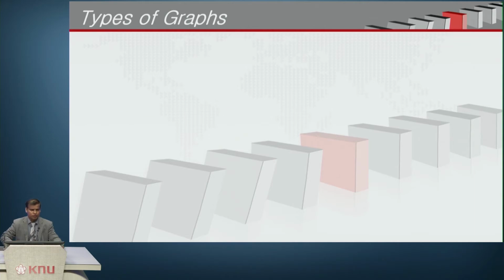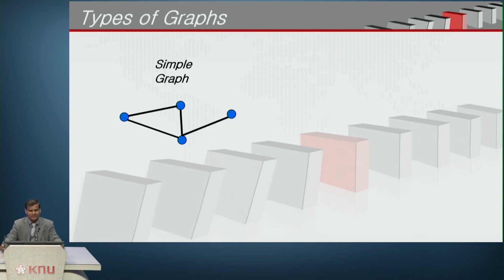Let us talk about the first one, the simple graph, and this is undirected. When I say undirected, I mean that it does not have an arrow. So that is the simple graph, and mostly we will deal with the simple graph throughout this course, and we will try to find various solutions for the problems and algorithms using a simple graph.